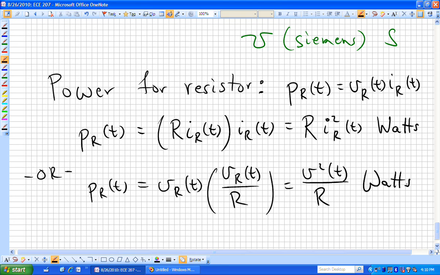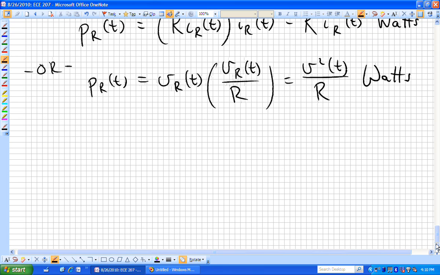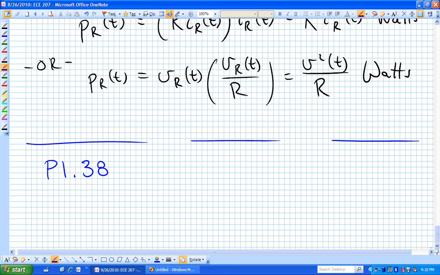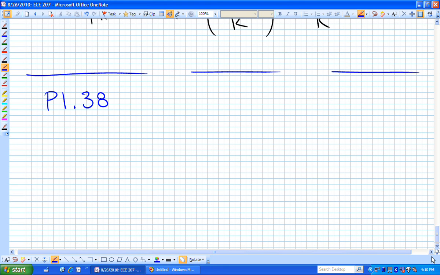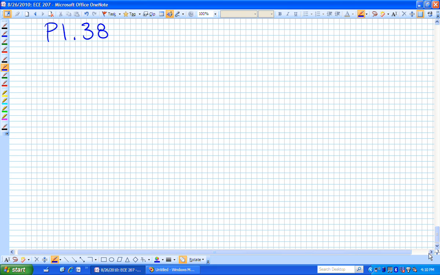Questions on that? Let's now put all of these pieces together and jump into the back of Chapter 1 and look at problem 38 in Chapter 1. And if you're lucky, that one will be assigned as a homework problem.